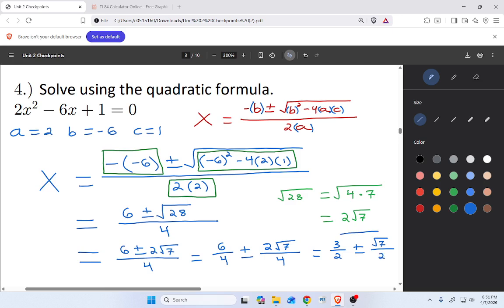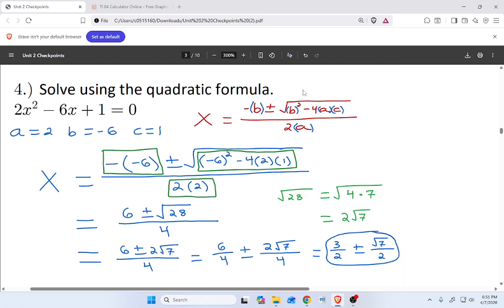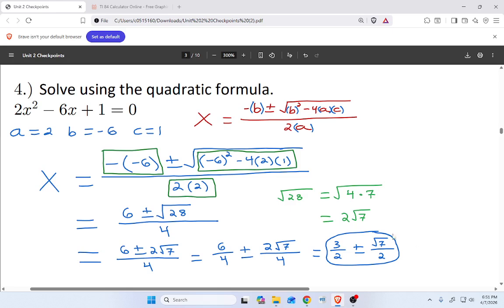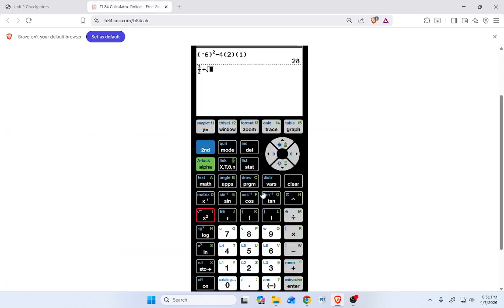I believe that this is my answer, but I am going to check my work by plugging it in using the help of the calculator. So in my calculator, I'm going to type in what I think the answer is. I believe the answer is 3 over 2 plus square root of 7 over 2. Do the fraction first. We're going to store that into x.